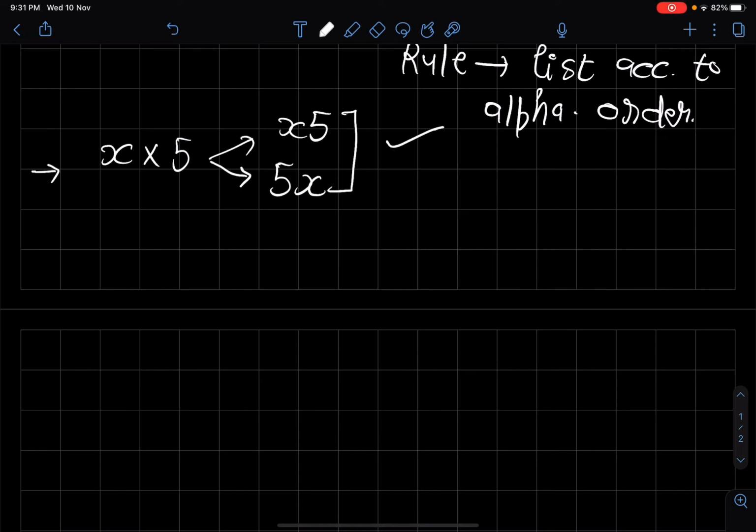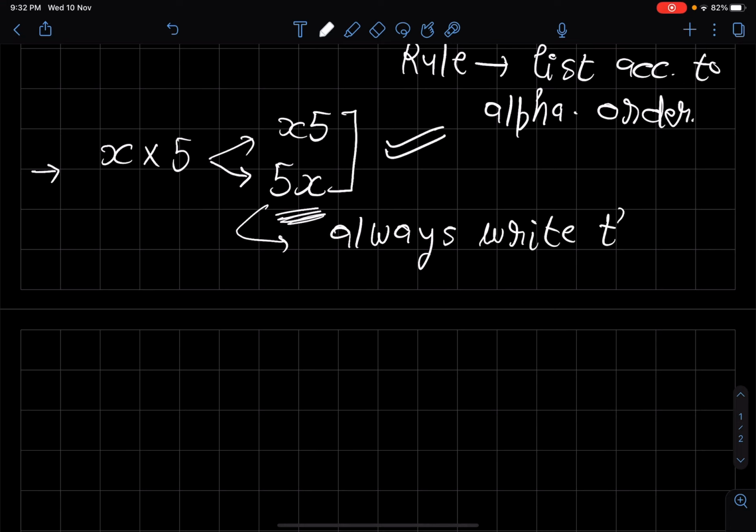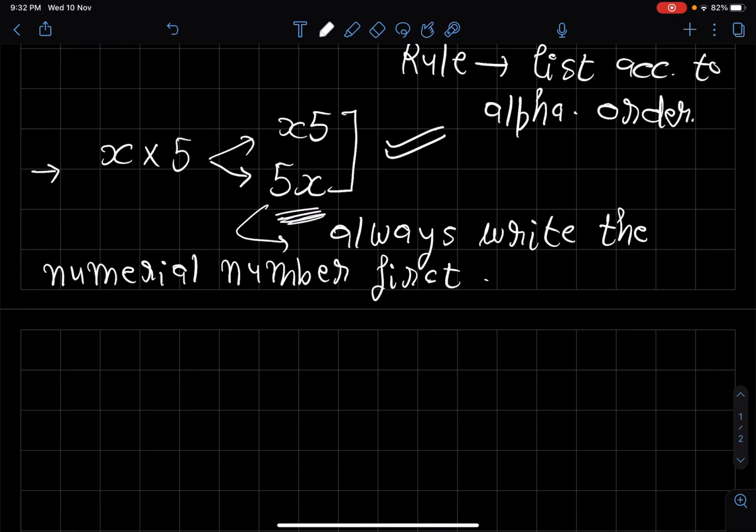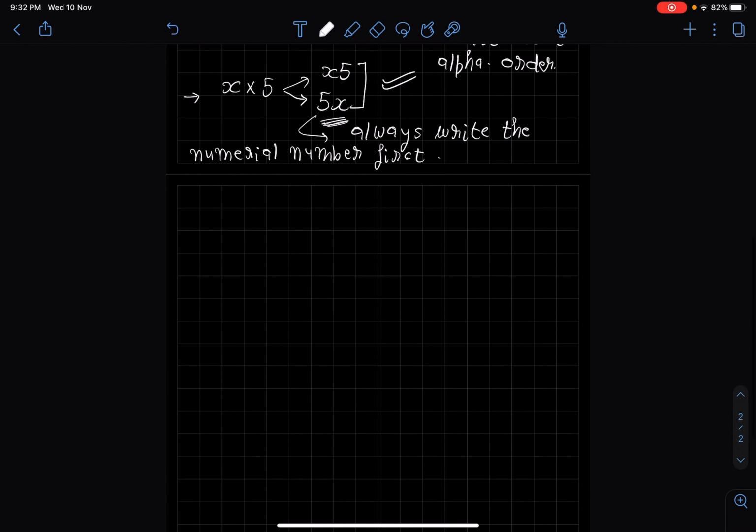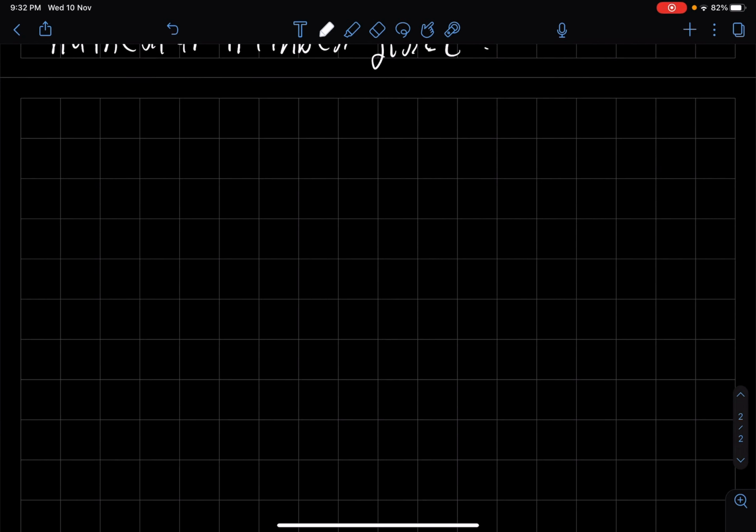Both are mathematically correct, but 5x is preferred because you should always write the numerical number first. It's easier to evaluate and solve the questions, nothing much of a difference, alright? Let's move forward now.